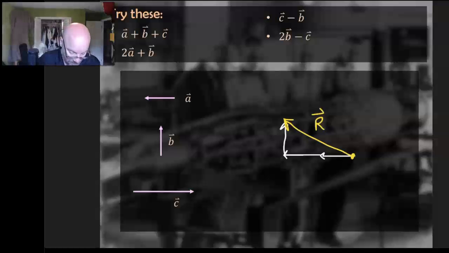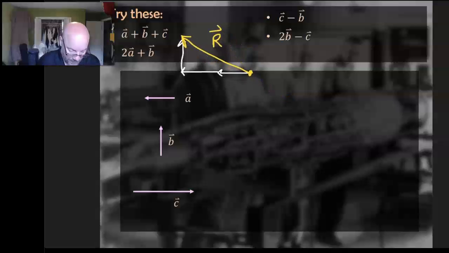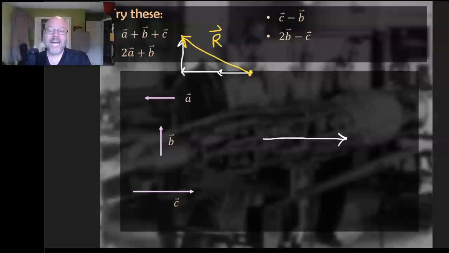We could do some others here. Let me just move these out of the way. So I'll put that up there. And C comes this way, kind of long. And then it says minus B. And the way you think about this is that when you're subtracting something, you're really adding a negative, right?